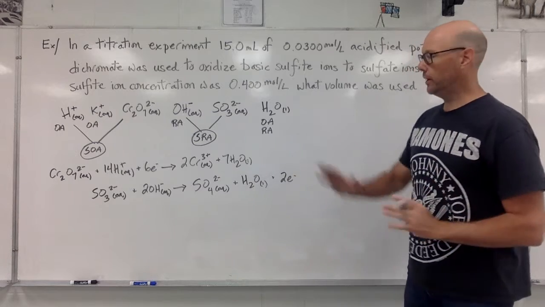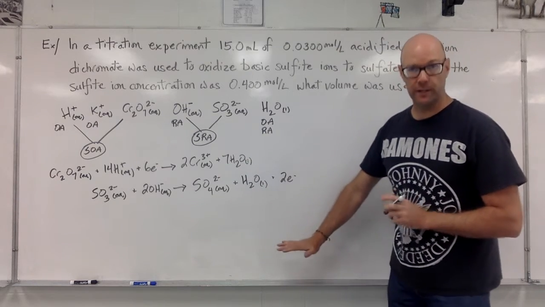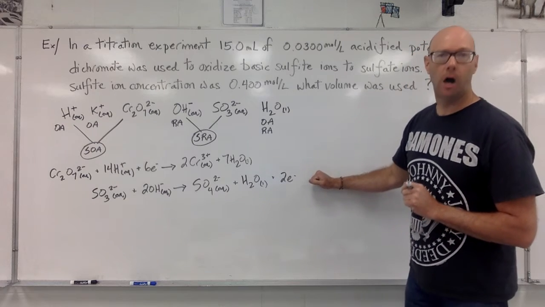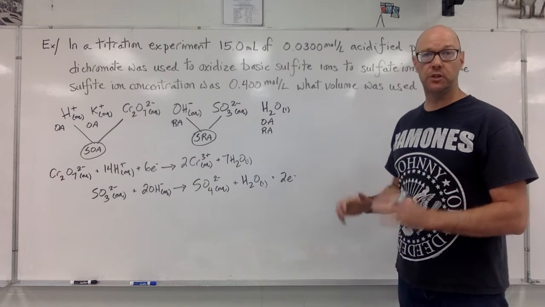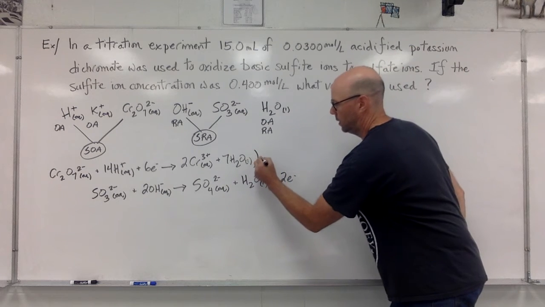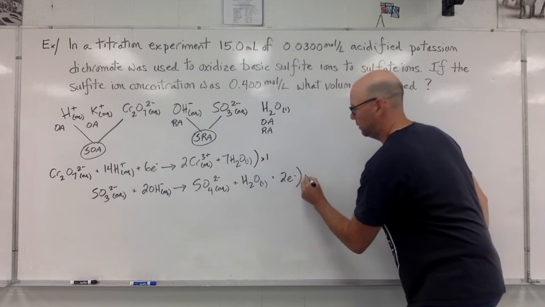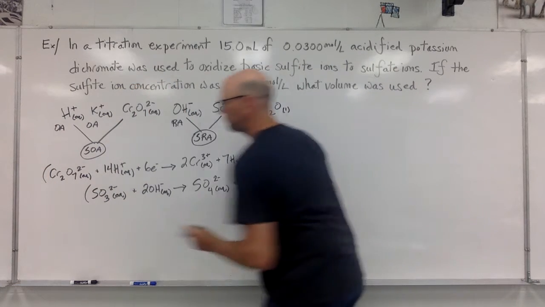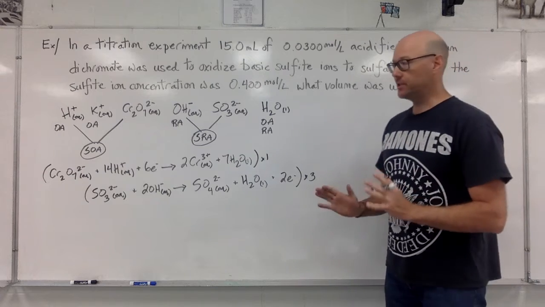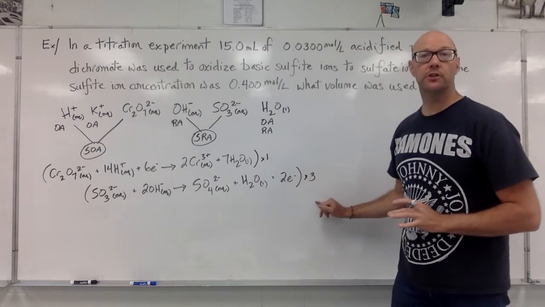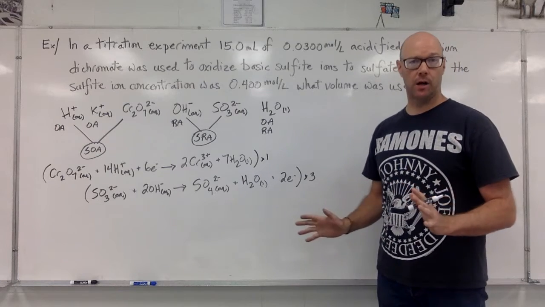It's very important that of the two half reactions we've written down here, one of them has to be reduction, one of them has to be oxidation. Our next step is to balance the electrons, 6 and 2. Multiply that by 1, multiply this one by 3. By balancing these electrons, I'm going to have 6 electrons on the left-hand side and 6 electrons on the right-hand side. They're going to cancel off.